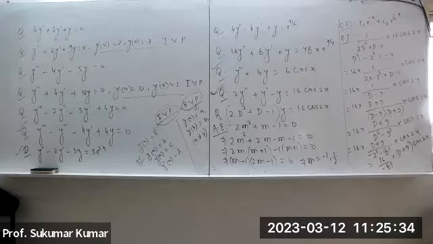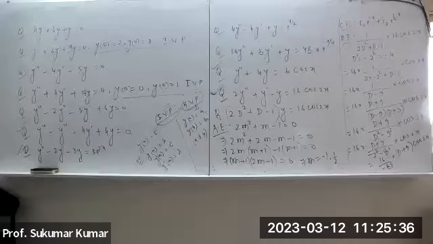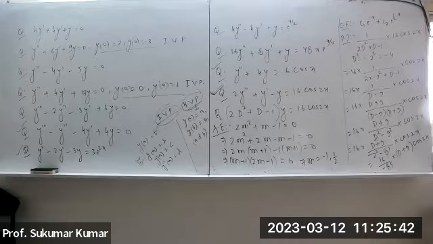Y of 0 equal to 2, then c1 equals 2 came. Y dash of 0 is 3; the derivative is what? The derivative is this. The derivative is not correct.